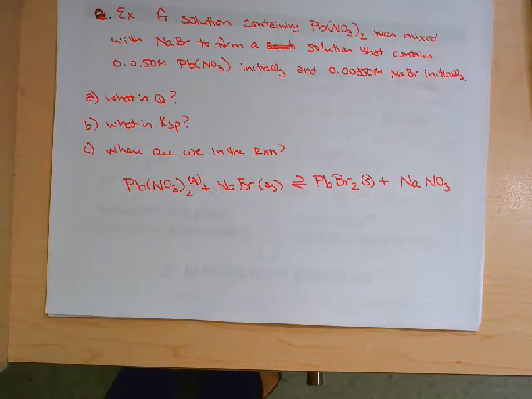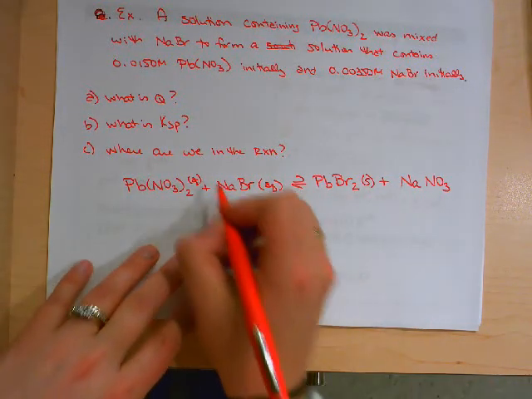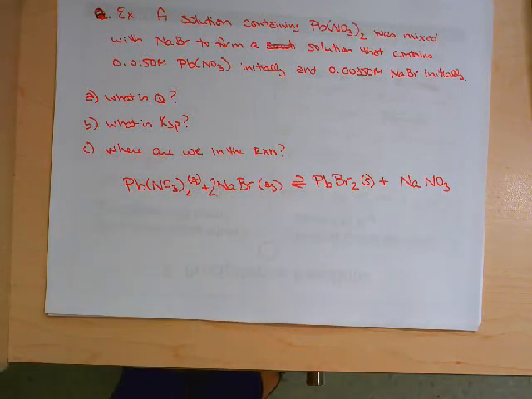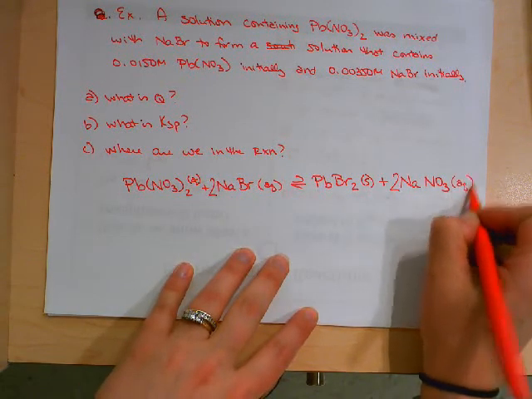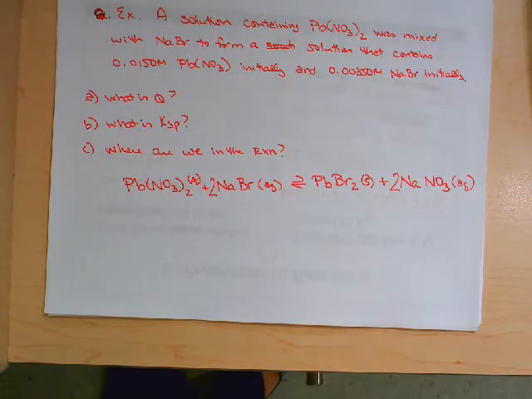Is my equation balanced? No. What do I need to do to balance it? If I do a 2 here, then where else do I need 2? Over there. And this one's aqueous because sodium compounds are always aqueous. Alright, good. That's review from 108, sort of, right?